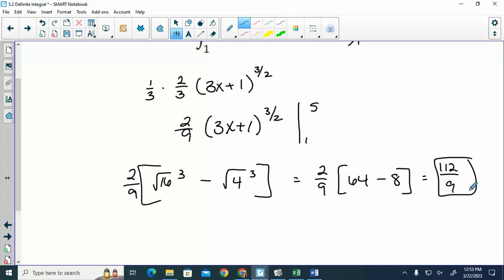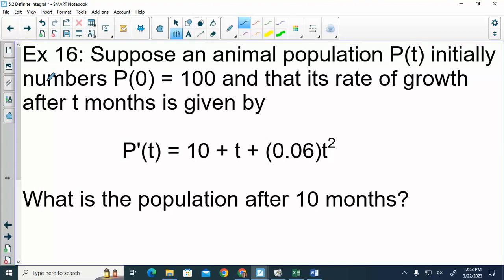Last. So suppose an animal population, P of t, initially numbers P of 0 equals 100, and that its rate of growth is given by this equation.